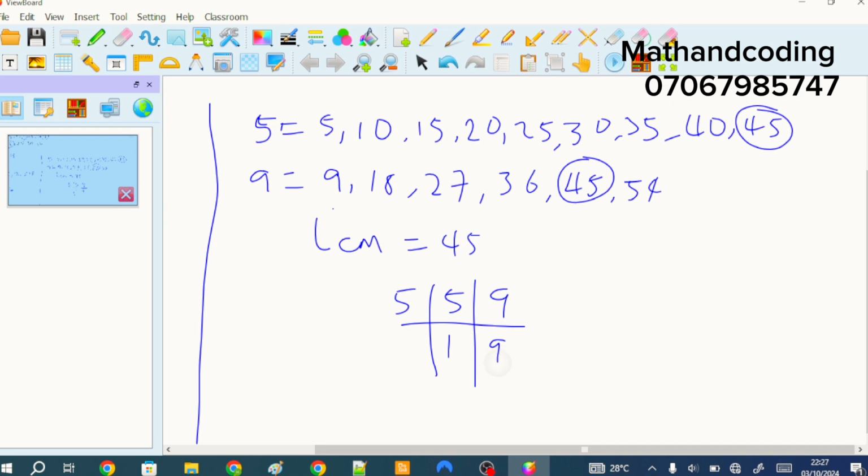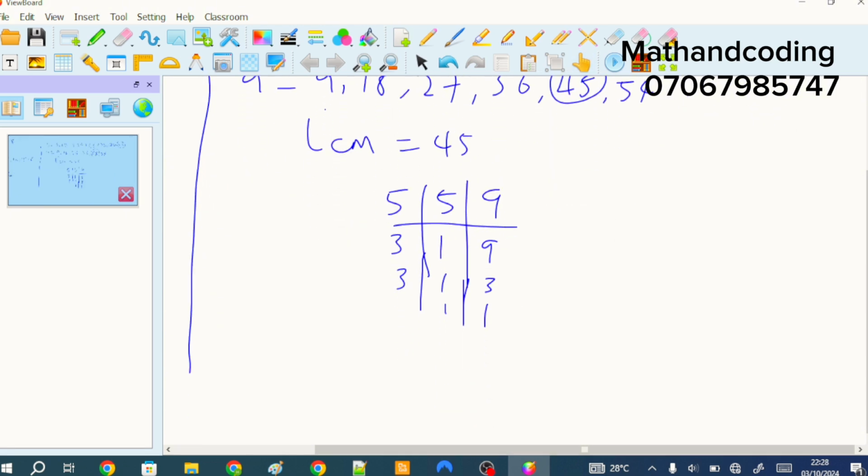We'll still write 9. And then what we have here, 1, we just need a number that can divide 9. What is that number? 3 can divide 9. If 9 is divided by 3, we'll have 3. We'll repeat 1. And if 3 again divides 3, we now have 1. So what now is our LCM after doing this? The LCM is collecting these numbers that we use to divide.